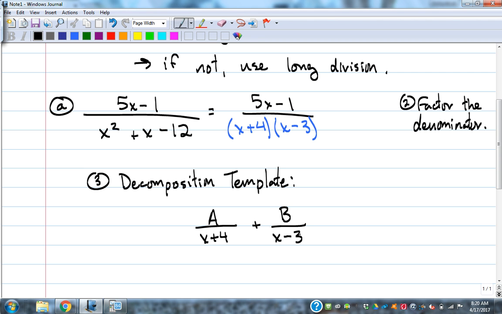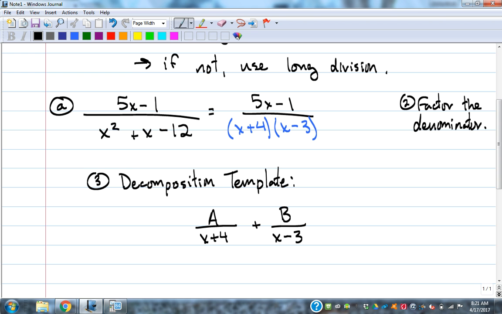One fraction with x plus 4 in the denominator, plus another fraction with x minus 3 in the denominator. If there were another factor there, we would have plus c with that other factor in the bottom. There are some other rules that we'll encounter as we do some more examples. But this would be the decomposition template for this particular problem.